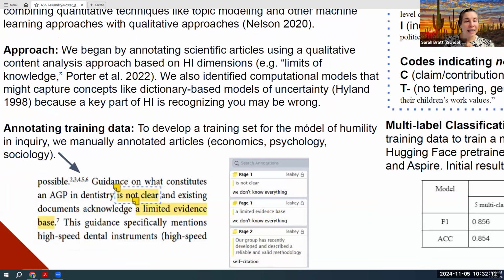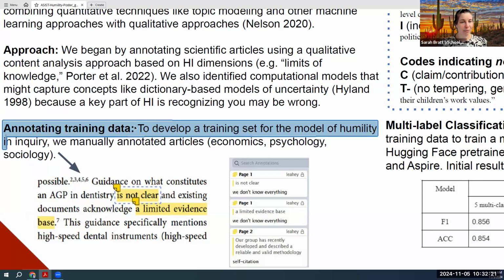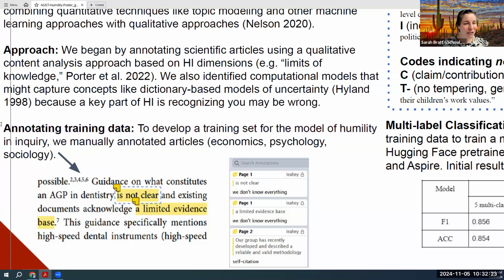And so given this dual approach, we combine these, but first, to annotate our training data is this first step, right? So first we want to annotate our training data. What is our data? Right now, we are focusing on economics, psychology, and sociology articles. And these are taken a bit convenience-sample-y for starters.